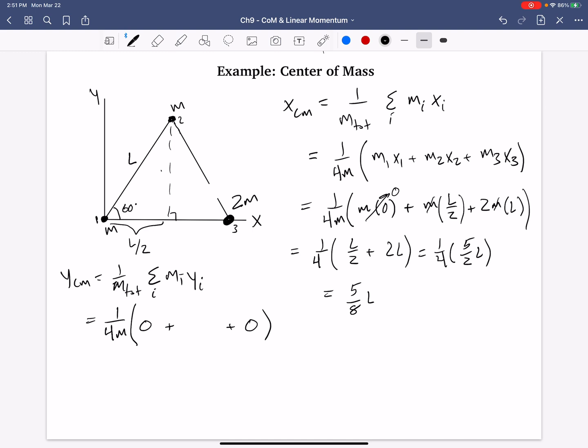What's the y-coordinate for particle 2? We have mass 2, which is just m, times something. Using the Pythagorean theorem, we can calculate that. The hypotenuse in this case is L, so it's the square root of L squared minus the other side, which is L over 2 quantity squared.